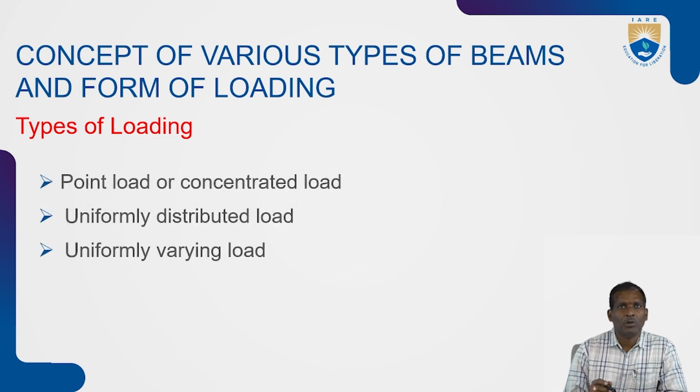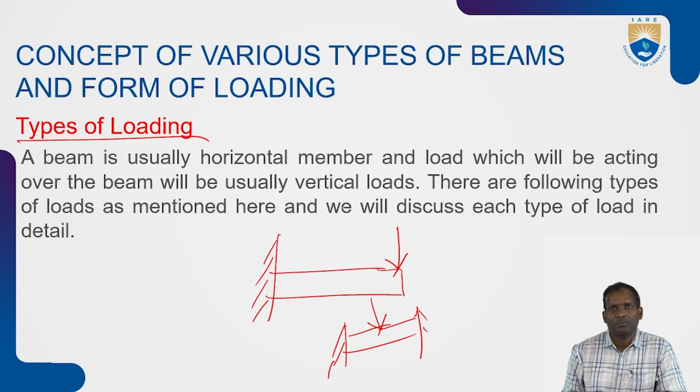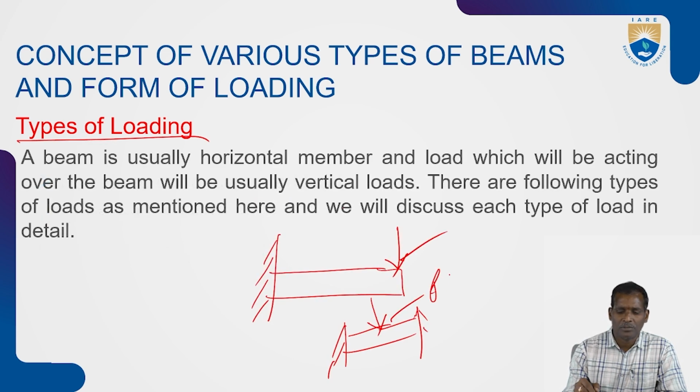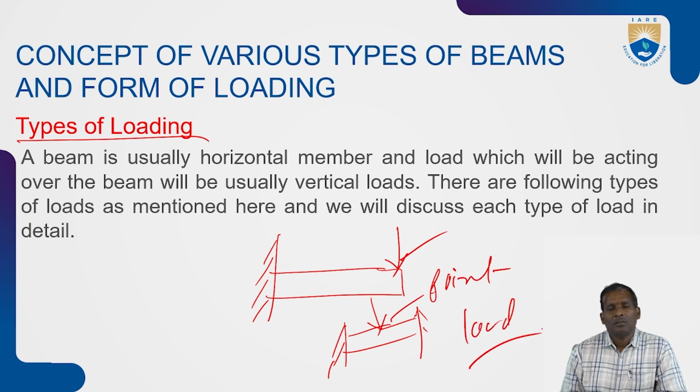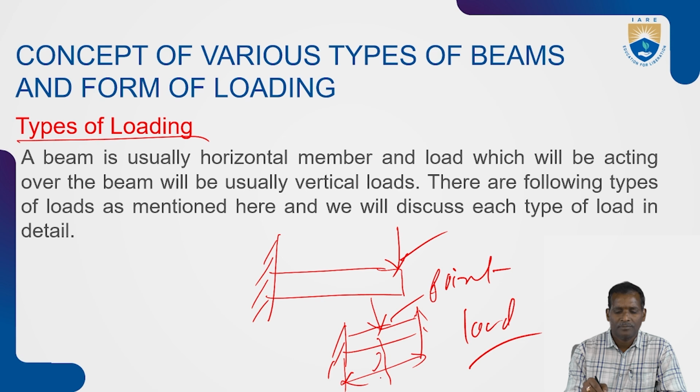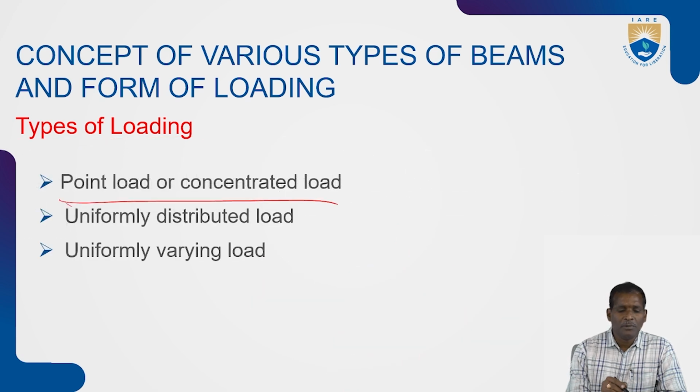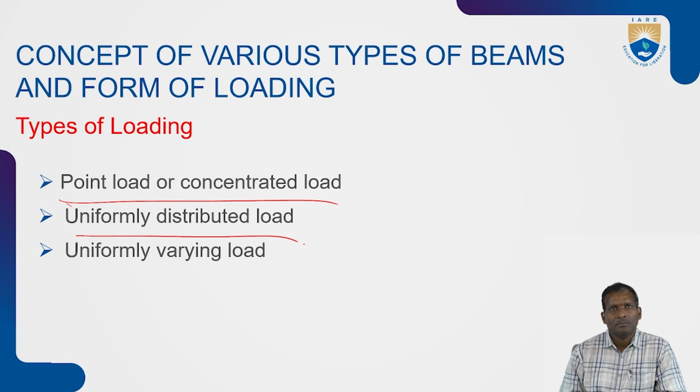One is point load or concentrated load. Those loads are called point loads. These are all point loads, directly acting at a point. Suppose it is acting at its midpoint, mid span. Uniformly distributed load and uniformly varying load.